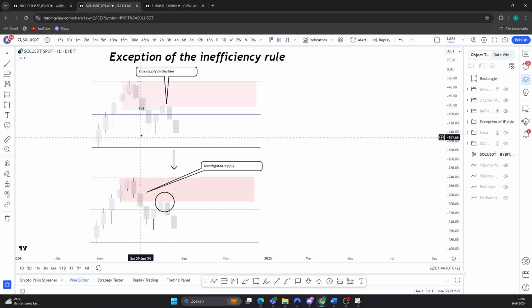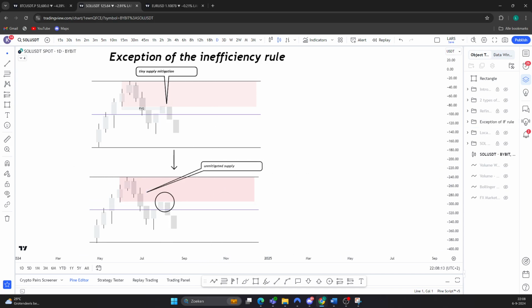If this got mitigated, remember, it's our only supply zone within the range, and it got mitigated ever so slightly, meaning price barely came into it, but it did touch it, and then we got the reaction away. What I'll do in that case is I'll just draw my structure supply up above that mitigation, and I'll still call that unmitigated supply.